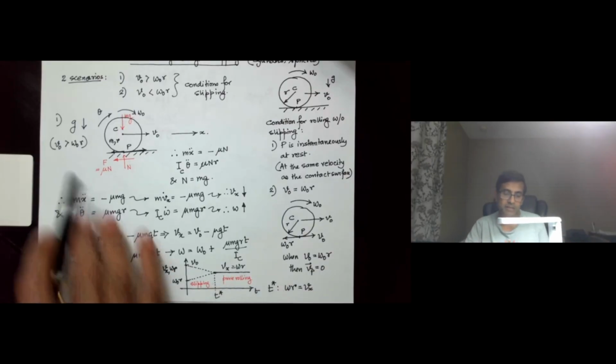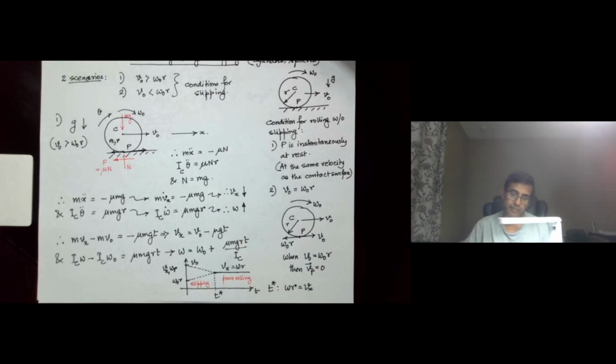Now keep in mind that this is the free motion of the disk. So when V becomes equal to omega r, the disk kinematically follows rolling without slipping. By kinematically, we mean that there is no external force in the motion of the disk.